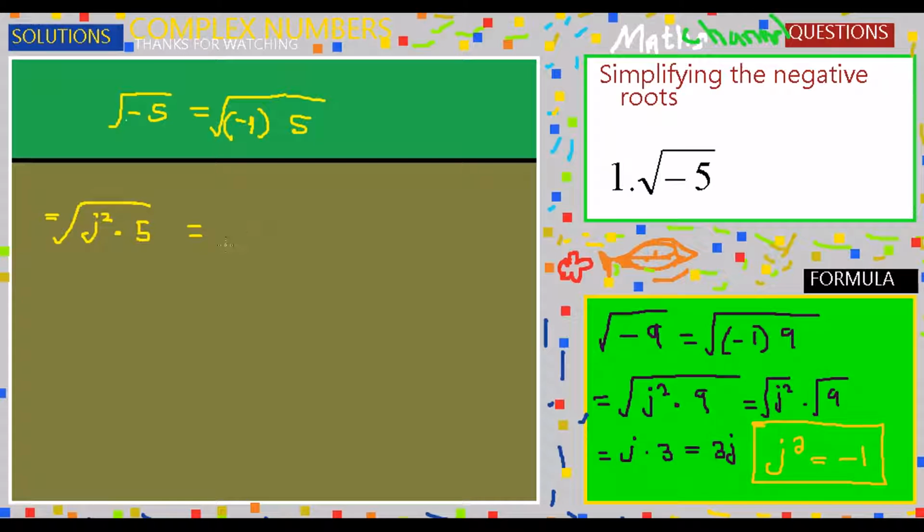Then separating this one, you'll have j root 5. The square root of j square is j, so this is the answer for the first one.